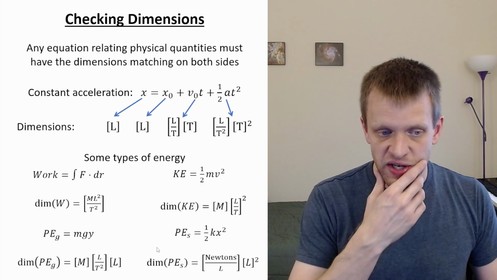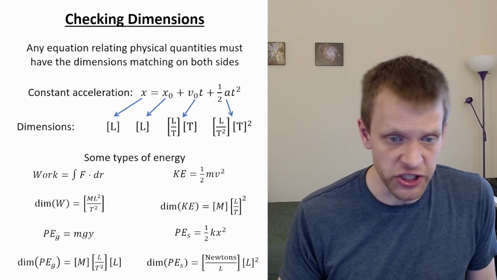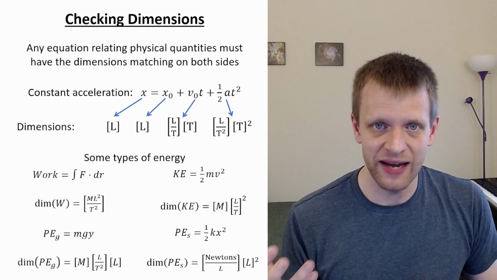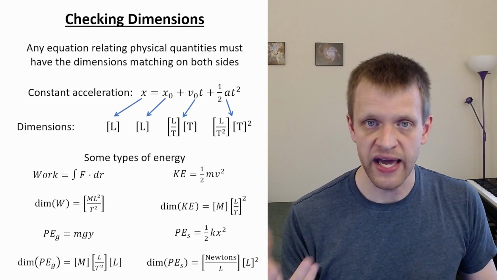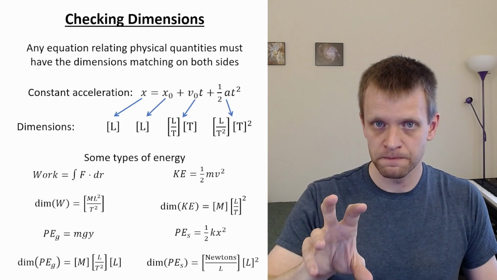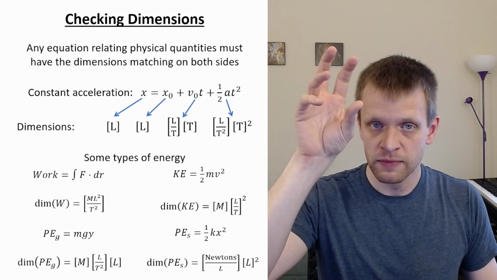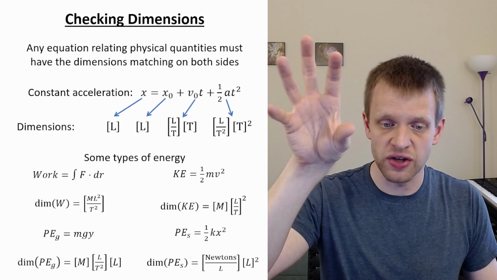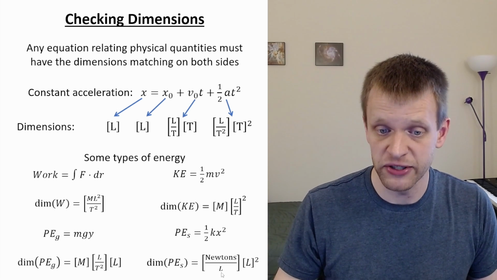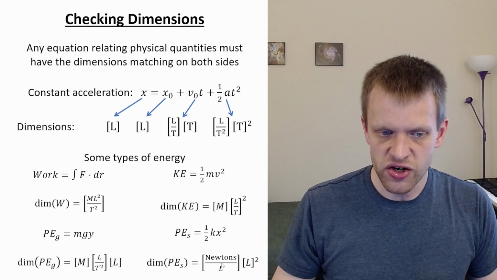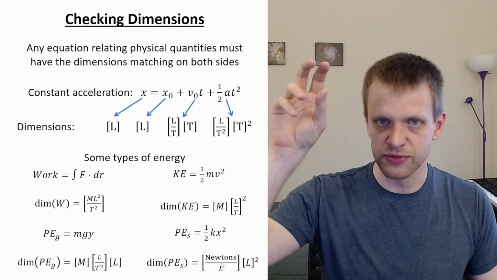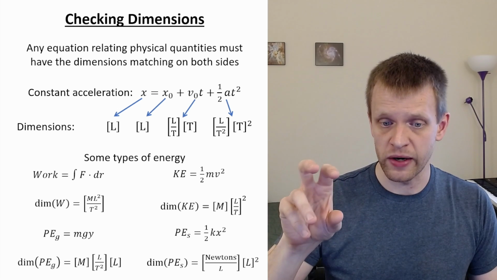One more of these, the spring potential energy. The equation for spring potential energy is 1/2 kx squared, where k is the spring constant in newtons per meter. So the dimensions are those of newtons divided by the dimension of length. A newton, remember, is a mass times a length divided by a time squared.